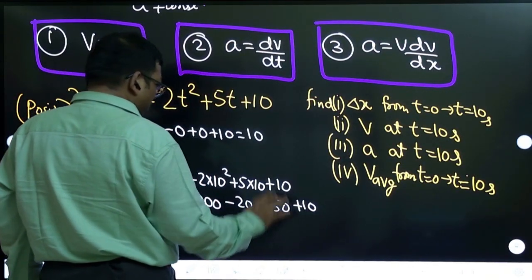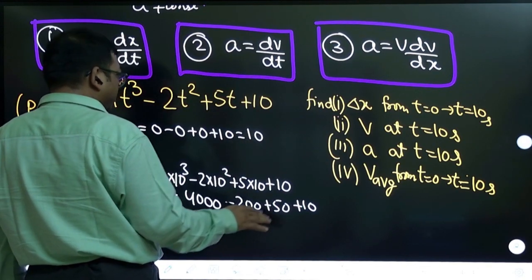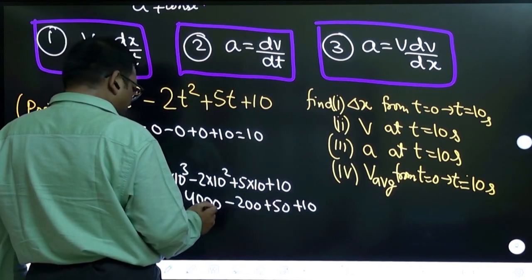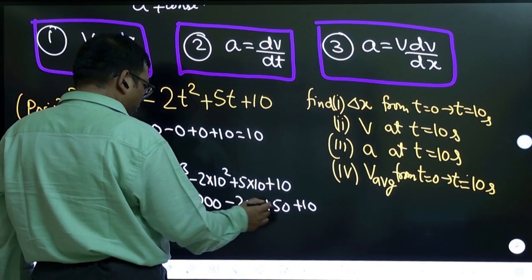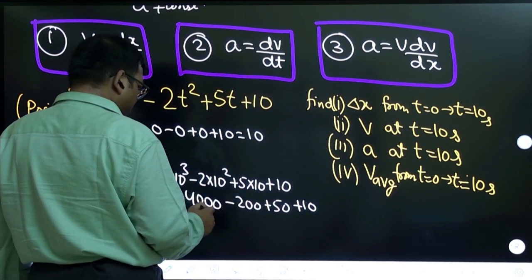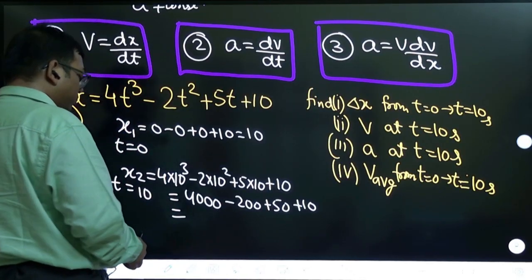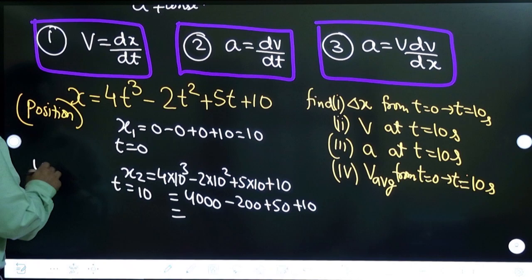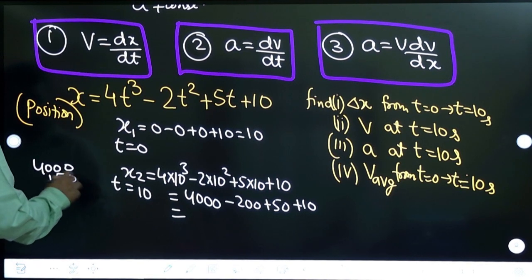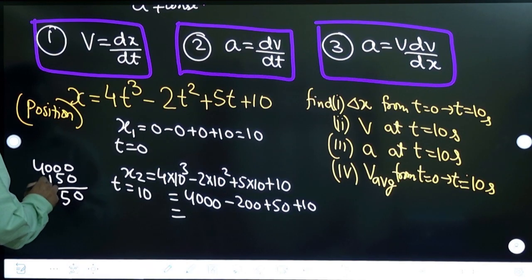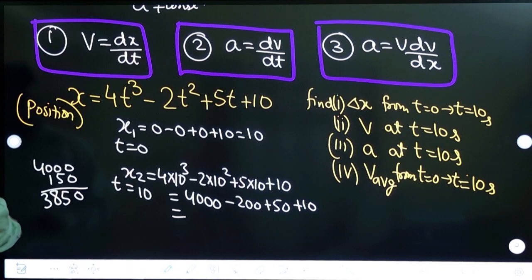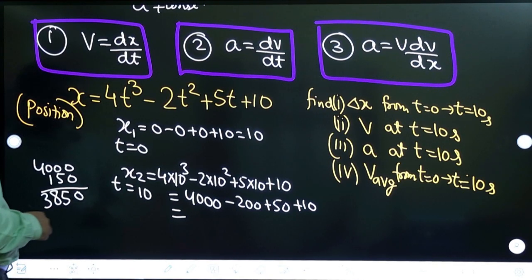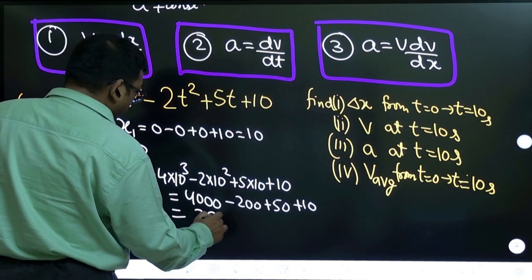I will keep this 10 as it is because we have to subtract 10. So how much? Minus 200 plus 50 is minus 150. From 4000 you subtract 150, you'll get 3850, right?